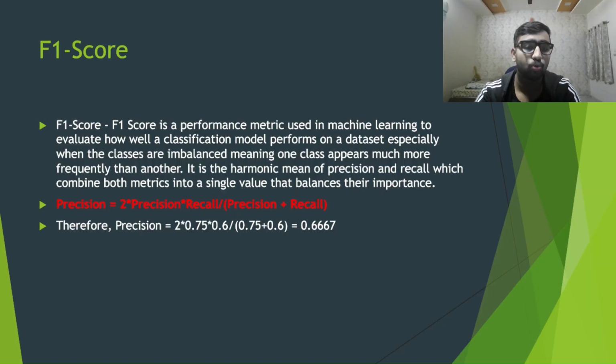So it combines the two important metrics, which are precision and recall. The formula for F1 score is 2 into precision into recall divided by precision plus recall. Substituting the values into the formula, we get the value of F1 score as 0.6667.